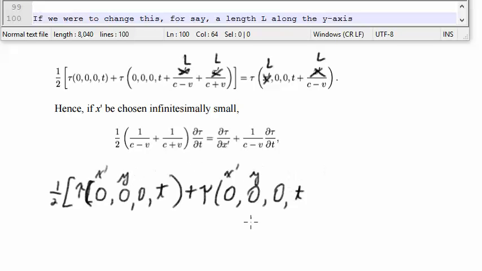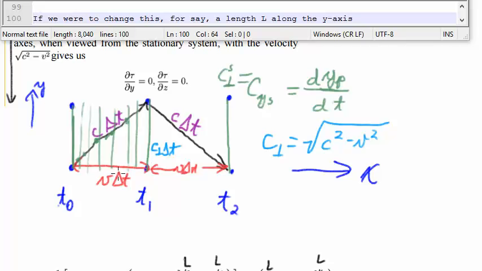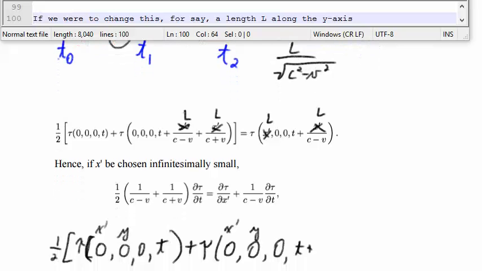This t is going to be time plus this delta t plus this delta t. If this length is L, then that delta t is L over c perp, which is the square root of c squared minus v squared. So this time is going to be t plus 2L over the square root of c squared minus v squared.